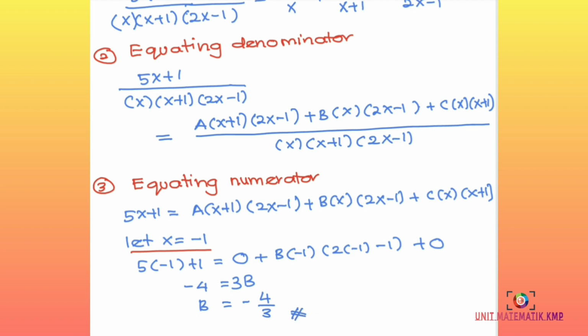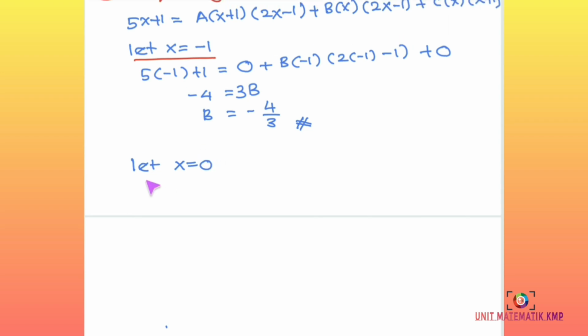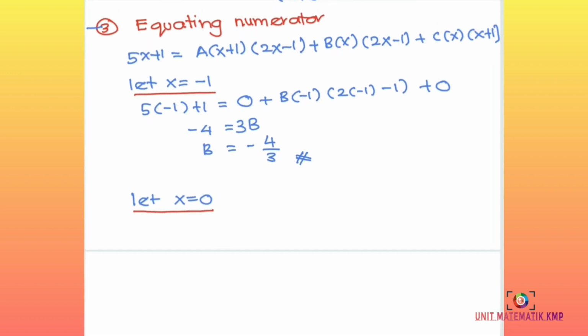Next, let's proceed to find the values of a and c. We already have the value of b. If we substitute x with 0, c is 0, right? b also 0. Then we can find the value of a. So let's substitute x equal to 0 into the equation of numerator.